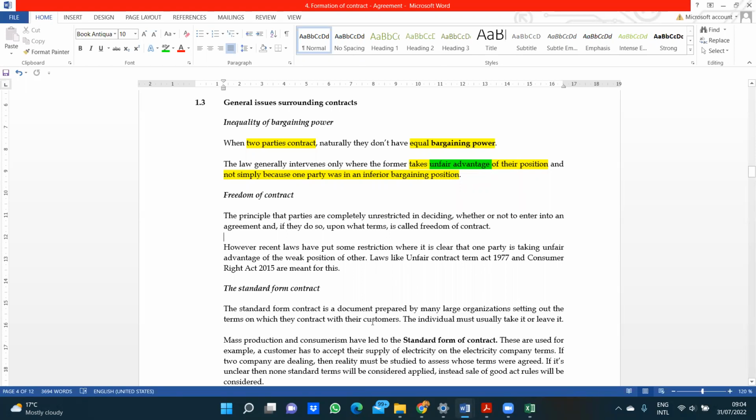This is where the court will intervene. Again, they don't intervene because there is inequality in the bargaining power, but they do intervene when there are unfair advantages taken by one party over the other.